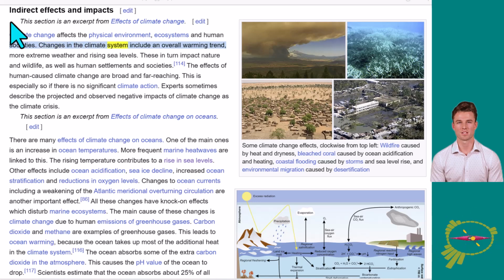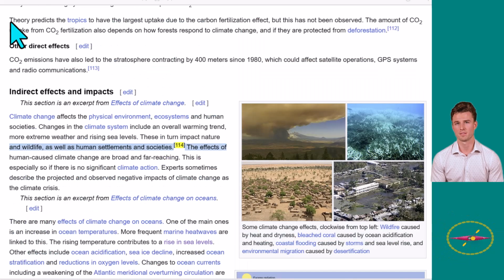Changes in the climate system include an overall warming trend, more extreme weather, and rising sea levels. These in turn impact nature and wildlife, as well as human settlements and societies. The effects of human-caused climate change are broad and far-reaching. This is especially so if there is no significant climate action. Experts sometimes describe the projected and observed negative impacts of climate change as the climate crisis.